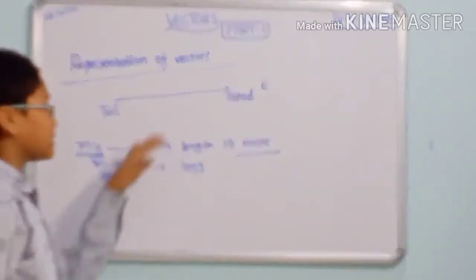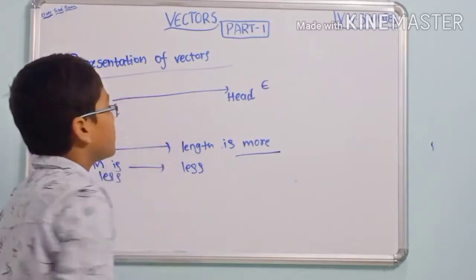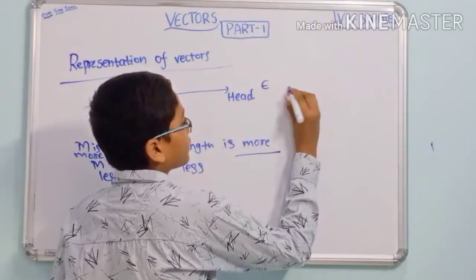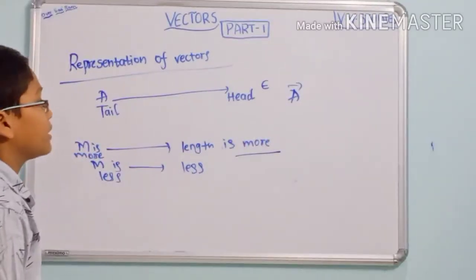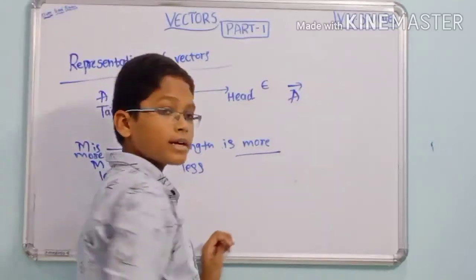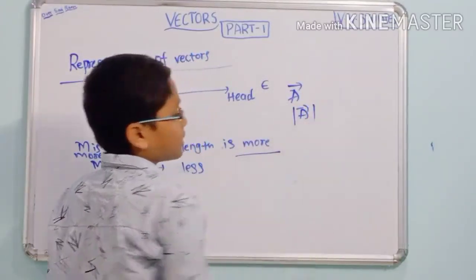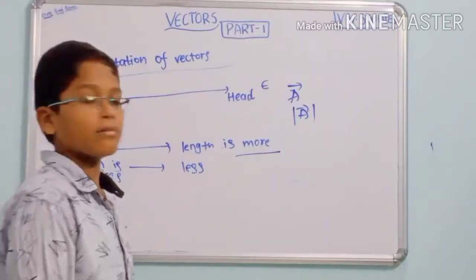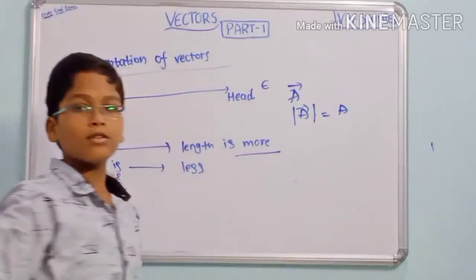We can simply write this vector as, for suppose A, A bar. For suppose this is A, then we can write A bar. The magnitude of the vector is modulus of A bar. Understood? Modulus of A bar or A, here we can write.